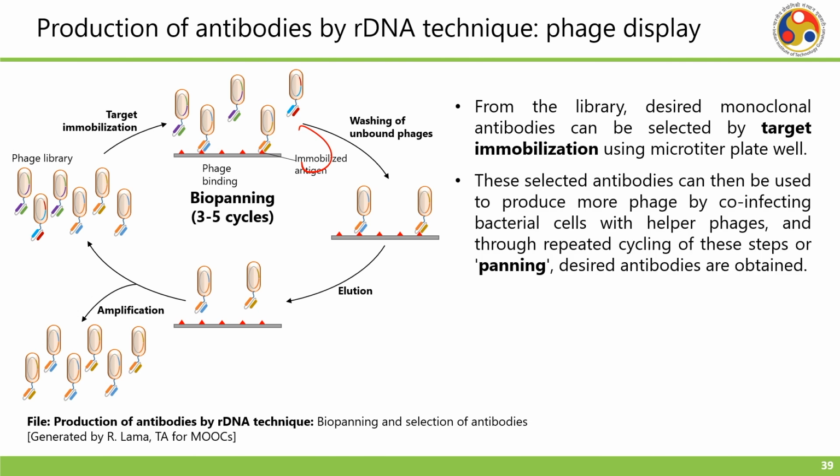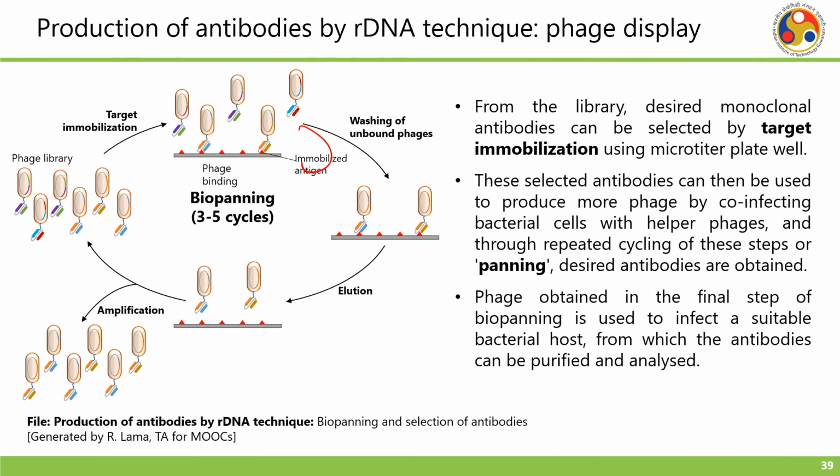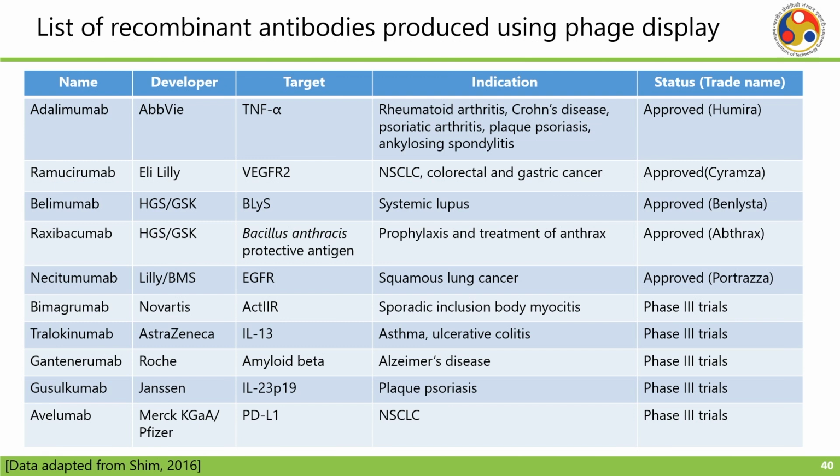The selected antibodies can then be used to produce more phage by co-infecting bacterial cells with helper phages, and through repeated cycling of these steps, or panning, desired antibodies are obtained. Phage obtained in the final step of biopanning is used to infect a suitable bacterial host, from which the antibodies can be purified and analyzed.